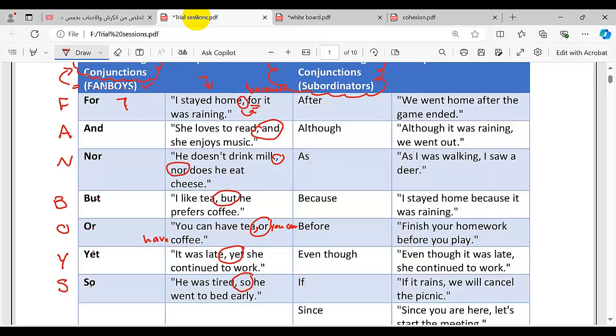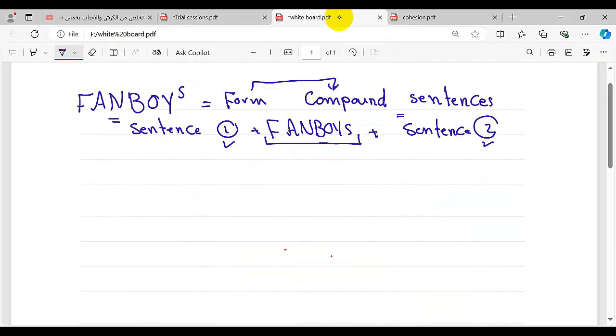It means that those 7 sentences are compound sentences. Somebody can read those sentences, please. Okay, after reading all of those sentences, we could identify that those sentences are what? Compound sentences. So this is very necessary in your writing.